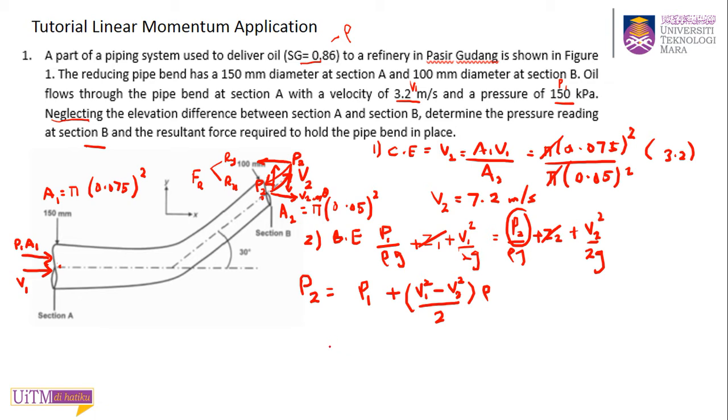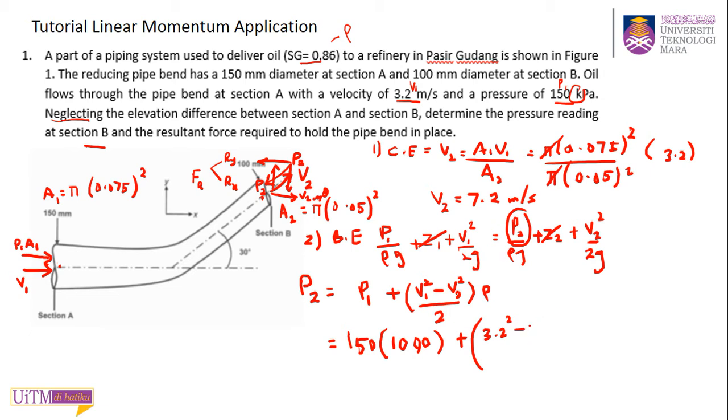So they give you the P1 in the question, 150 kilopascal. Don't forget the kilopascal. So this will be 150 times 1000, plus V1 squared, which is 3.2 squared, minus V2 squared.